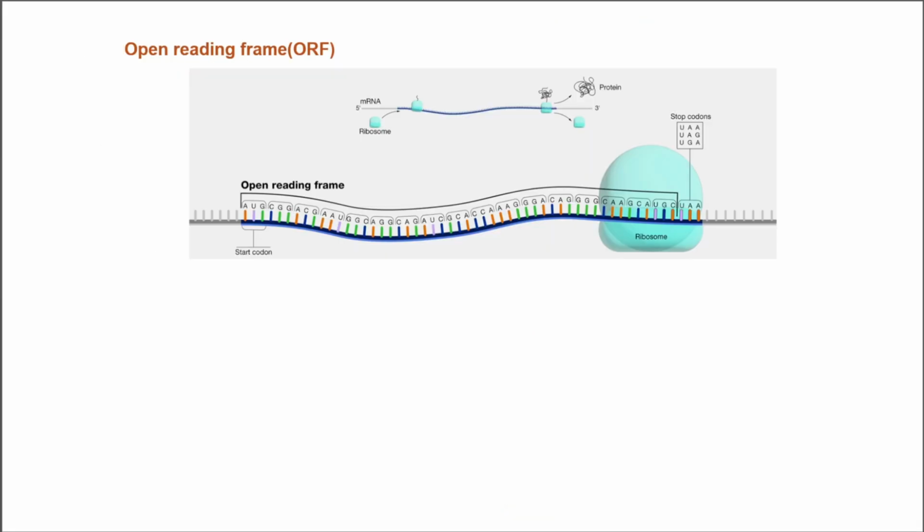In mRNA, a stretch of nucleotides that begins with the start codon AUG and ends with a stop codon UAA, UAG or UGA without any interruption in between, making it capable of being translated into a polypeptide, is called an open reading frame, ORF. This is the protein-coding region of a gene that can be translated into a protein.